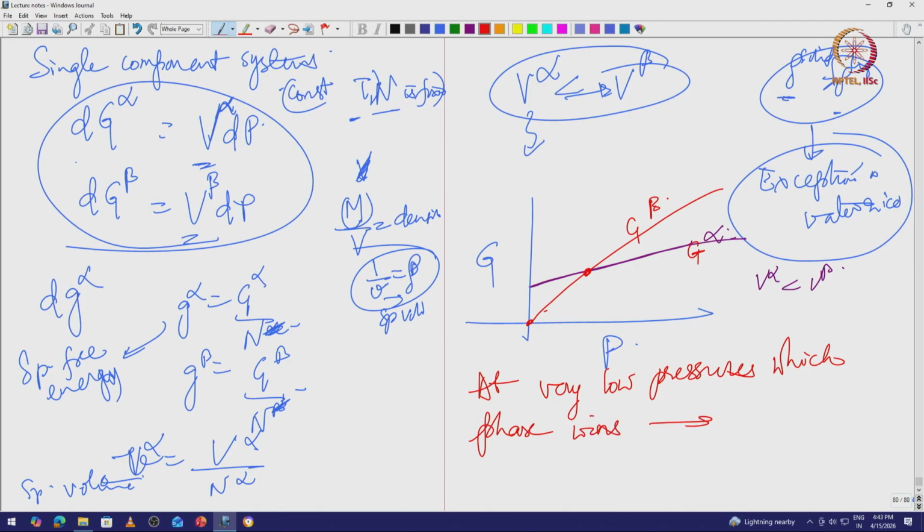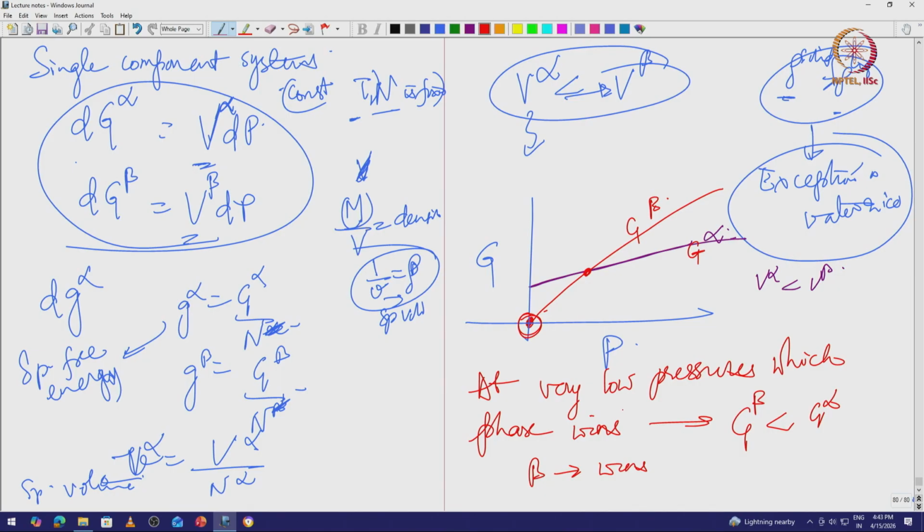I am going to say the phase that has lower G, right. So G of beta is less than G of alpha, so beta wins, which means at this pressure the thermodynamically stable phase is the beta phase.